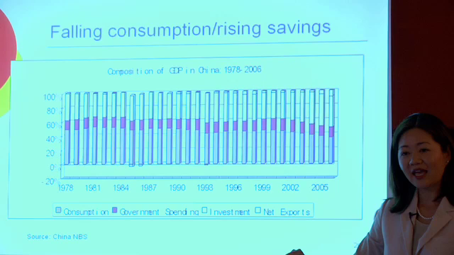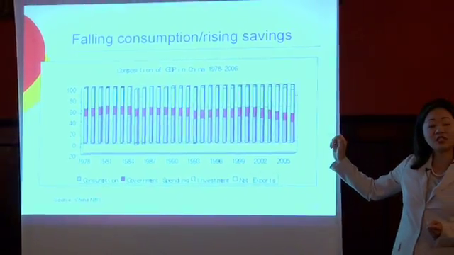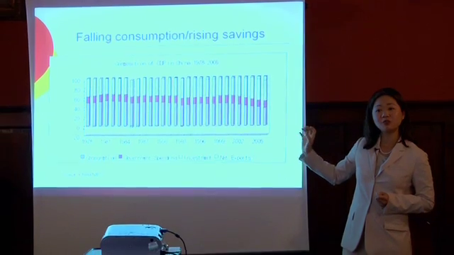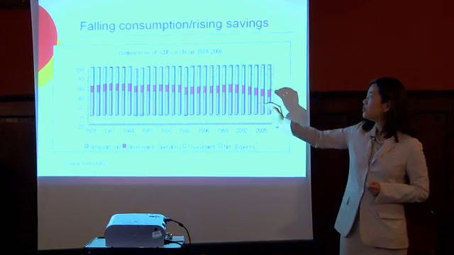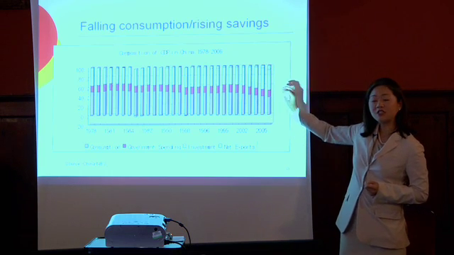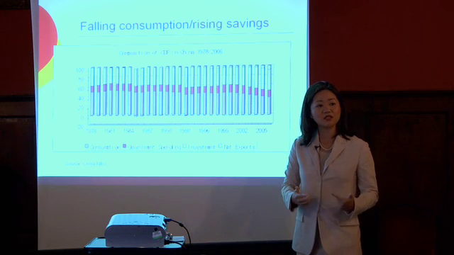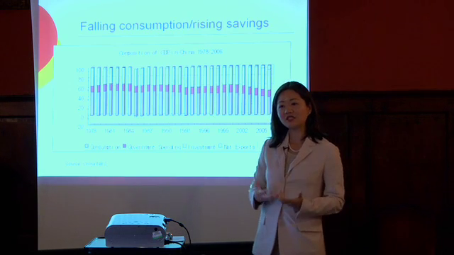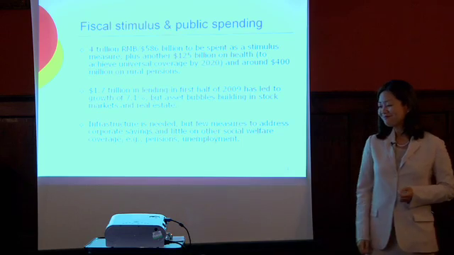The US is 70%, which is too high. China today at only about high 30s, maybe 40%, is considered to be too low. And so you do have falling consumption and rising savings in China as the other component to stimulate, so that reliance is not just on government spending to get out of this recession.